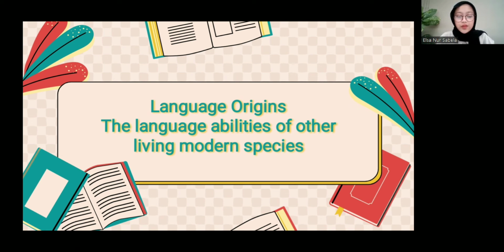According to the continuity hypothesis, modern human language is quantitatively different from other species' mental abilities, but it is not different in kind or in quality from more basic communication systems. According to the continuity hypothesis, human language abilities represent a relatively modest advance from these abilities.